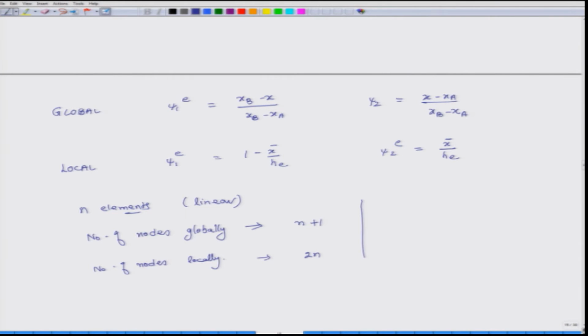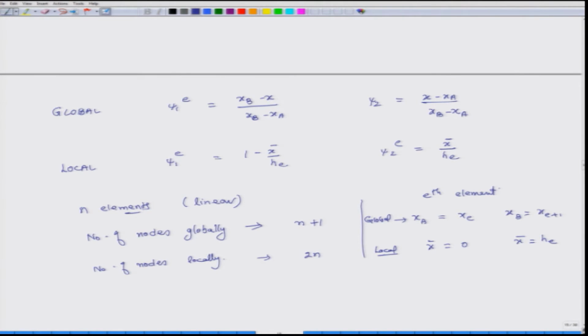Also for the eth element, x A, which is the global coordinate, corresponds to x E, where E is the eth element, and x B is equal to x E plus 1, right. Here this is global, and then local, you have x bar equal to 0 here, and x bar equal to H E here.